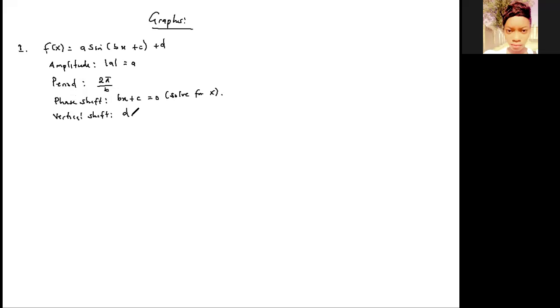Now for an easy sketch, we use what we call the scale, which is period divided by 4. Same properties if f of x is A cos(Bx plus C) plus D. Same properties. After having the same properties like that, we can now do an example.